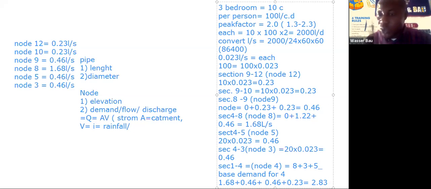So if I quickly want to see the pipe size of this now, I'll just go to my nomograph. Okay, let me use the assumption we made yesterday, which is 0.1%, which is 1 per mil. So I'll say 2 point something, let's say 2.5. I'll just go here and read it off.